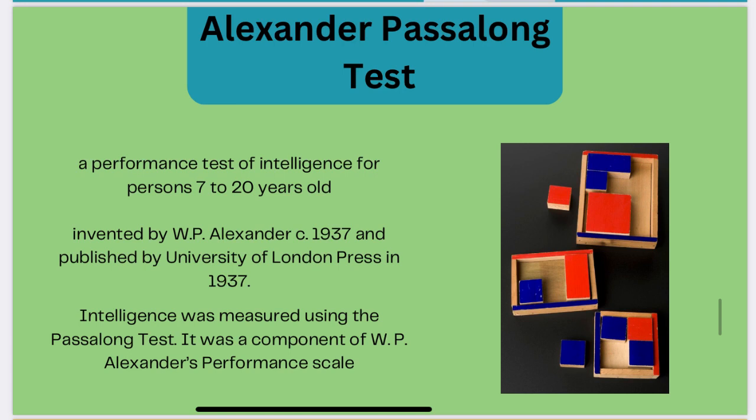It was a component of W.P. Alexander's performance scale. As you can see here on the slide, there are some pictures. These are the materials used in the test. They are used with children, as I mentioned before, but mainly children aged 11 to 20 in primary or secondary school.